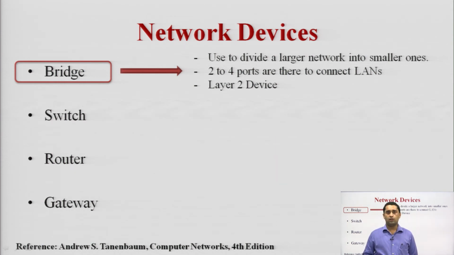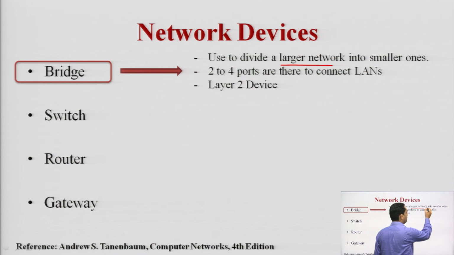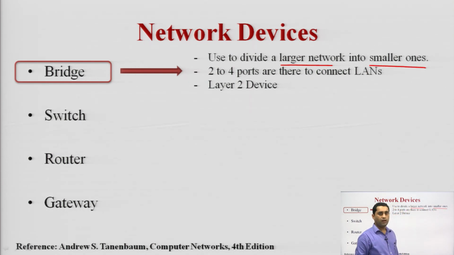Here we can generally use the bridge. A bridge is the extended version of a hub. Okay. So, it is clearly mentioned here when we talk about the bridge properties, it is used to divide the larger network into smaller ones. This is a very important point to understand the difference between hub and bridge.